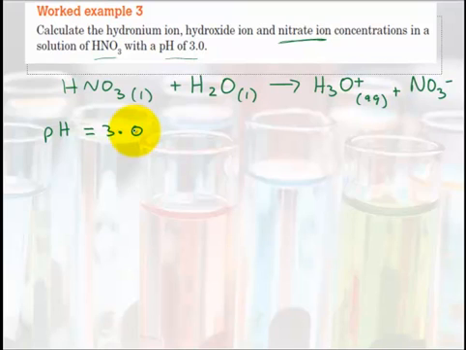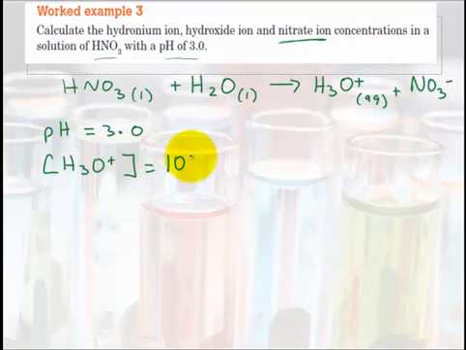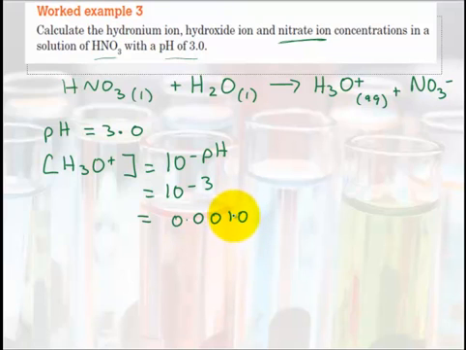If we put that into the calculation, H3O positive equals 10 to the negative pH, which equals 10 to the negative 3, we get a concentration of hydronium of 0.0010 molar.